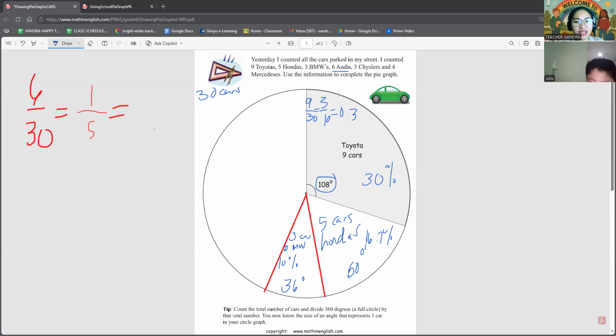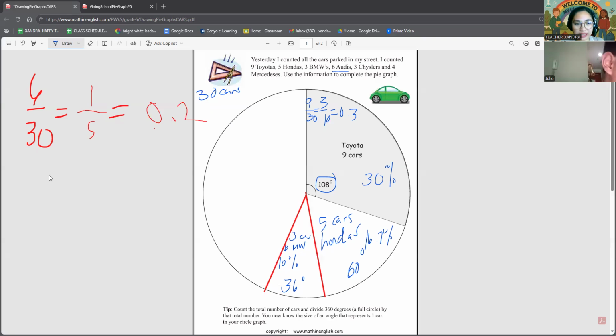Now 1 divided by 5. Turn it into a decimal, then times it by 100 to look for the percentage. Okay, now for the Audi, that would be times it to 100, and that would be 20%. Why is it 72? 0.2? 0.2 times 100?